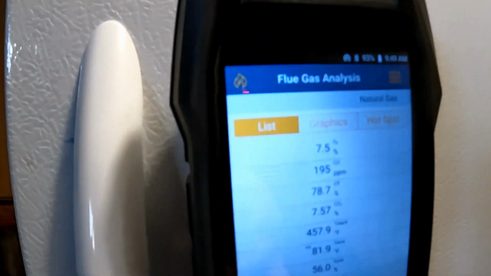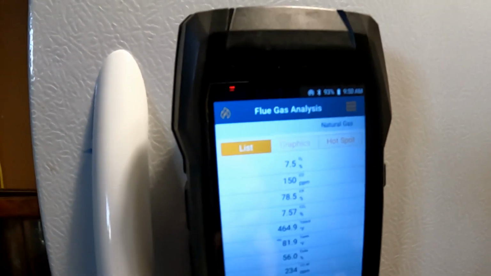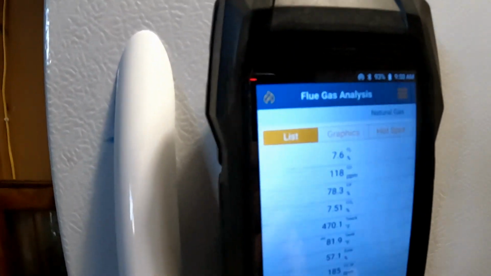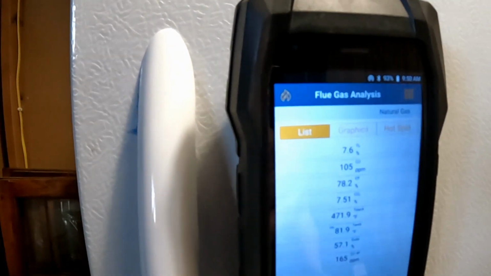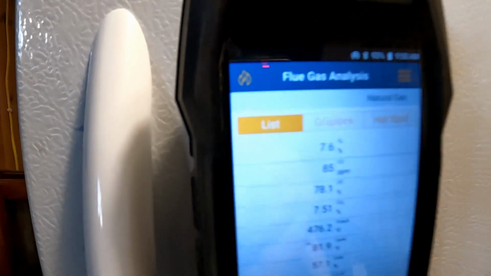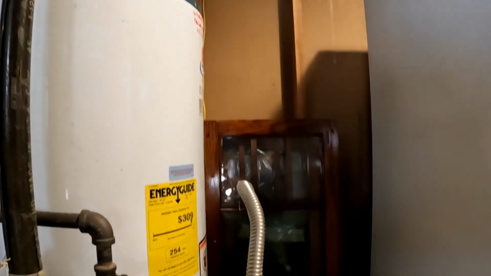I didn't have it sealed all the way, but as you can see, it didn't get to 1,000 and dropped drastically, quickly. And the oxygen on the startup actually was better, saying 7.6. So the parts per million come down right away. We're going to redo this with a better seal on this.